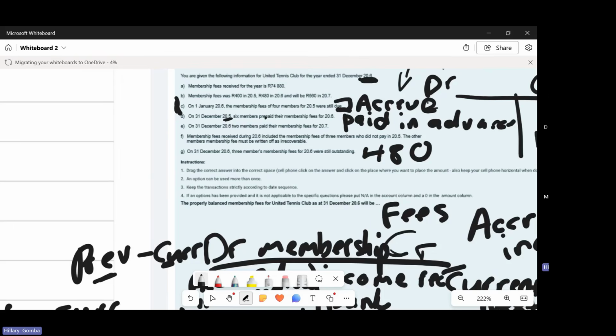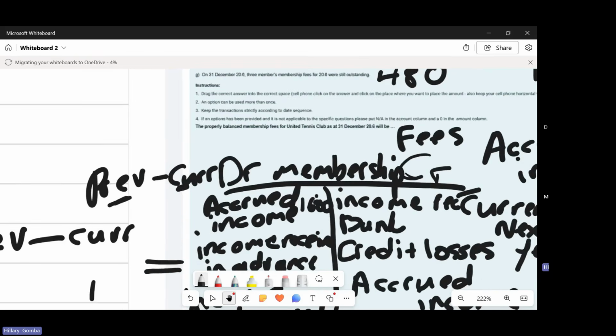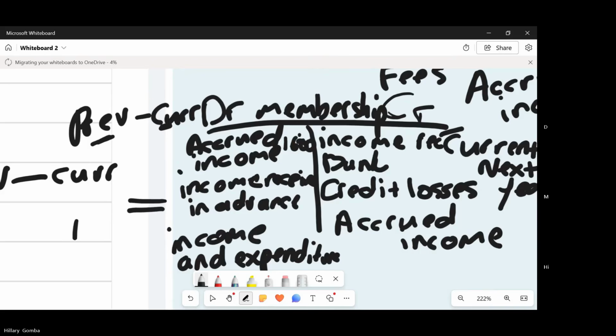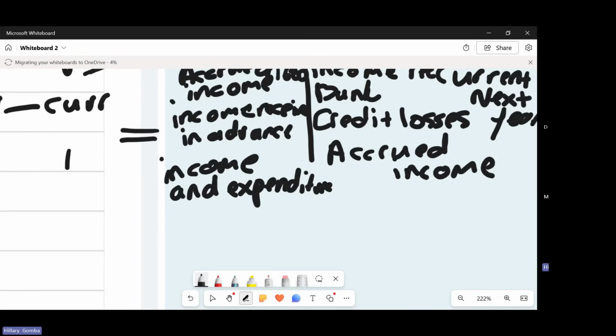They paid 480 times 6, which is 2880. So you record it on income received in advance on the debit side as 2880. Do you all understand?